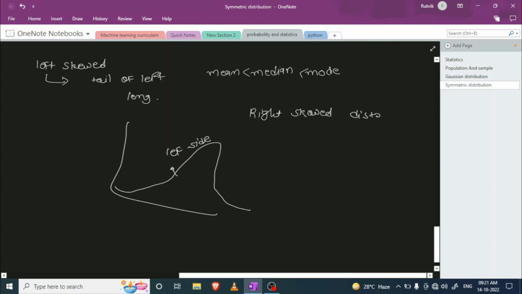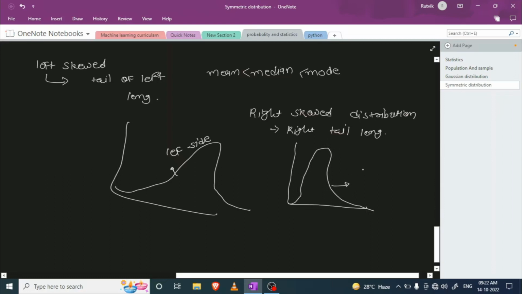Suppose we have a distribution in which the right tail of the distribution is quite long. The tail is long, right? Like this, our graph is going to look like this, right?